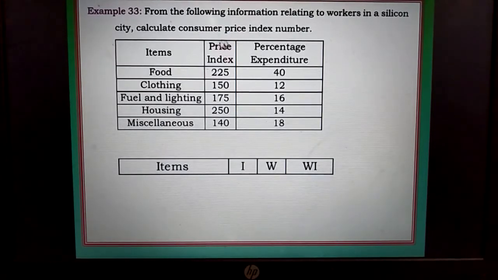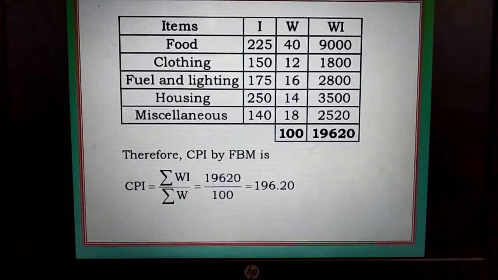That's why this will be considered as capital I. Percentage expenditure is given, which will be considered as weights. So the first column is I, the second column will be W, then WI is needed. The previous problem also was of the same kind. How we executed the previous problem, here also it is to be executed. That calculation execution is shown in this way.